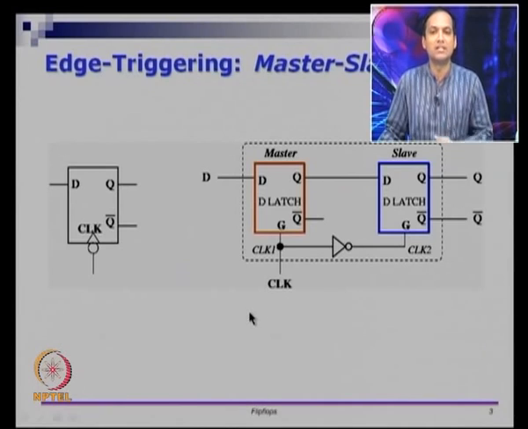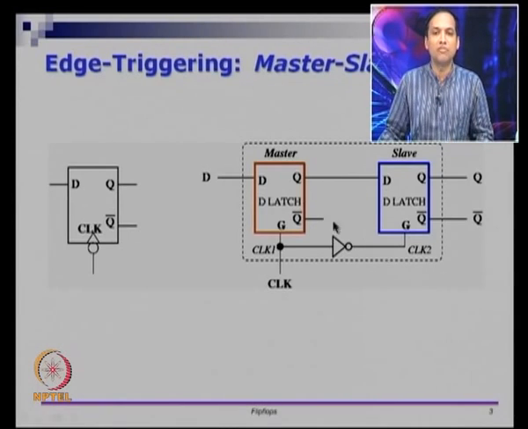So, when we say enable and disable, what we mean is if CLK is on, then any changes in D can go to Q. However, because CLK2 will be off, changes in Q will not be propagated to the slave's Q. Similarly, if CLK is 0, then any changes in D here will not reflect as changes in master's Q, but if there is anything in master's Q, it will go to slave's Q.